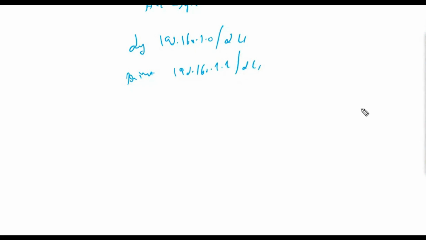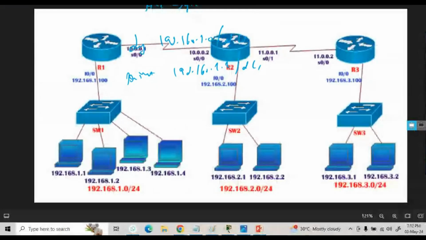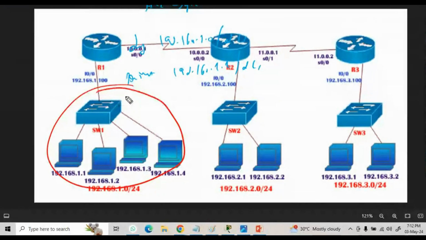Look at here, above what I did: I denied the 1.0 network, the whole network, correct? But below I permitted this one, correct?